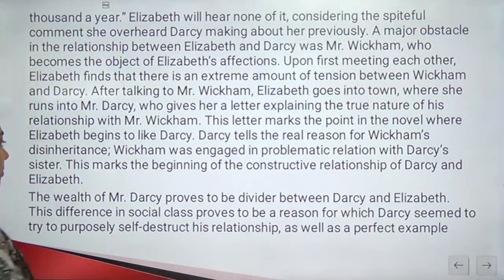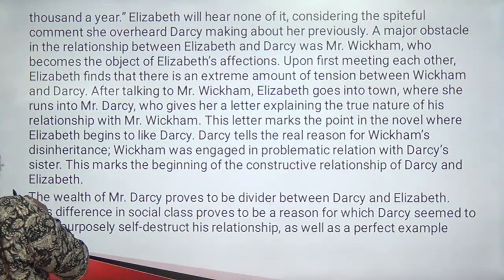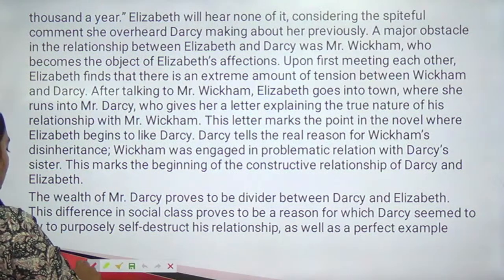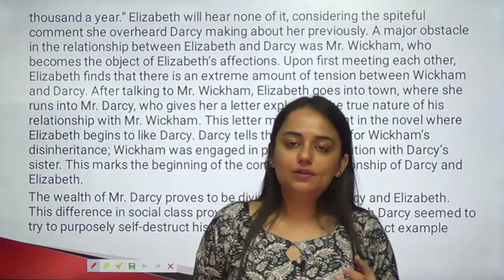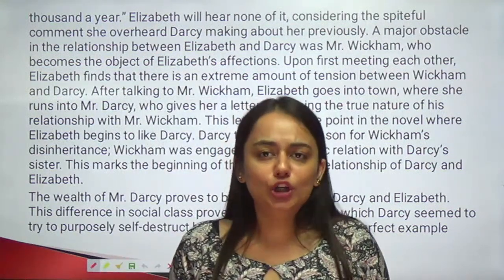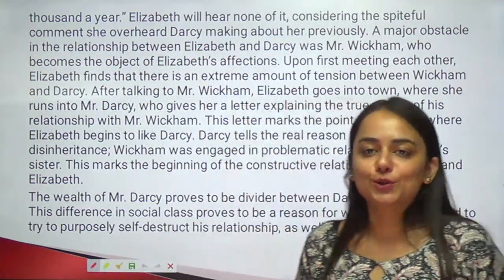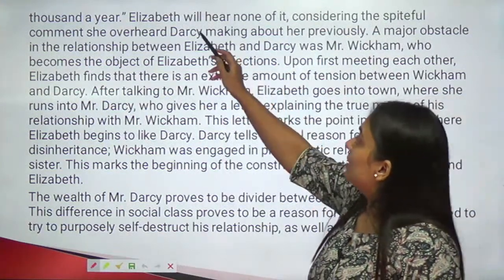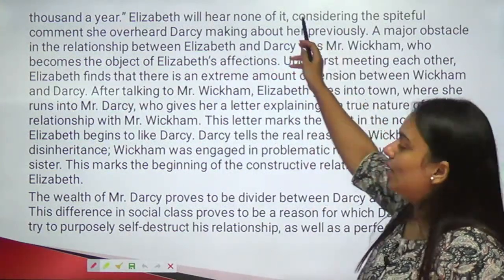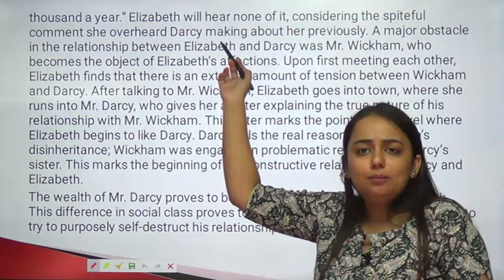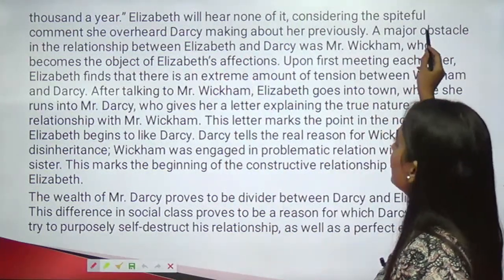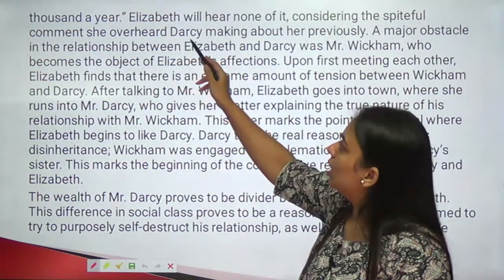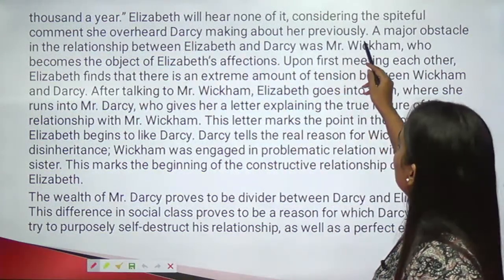Look at this now. Elizabeth's mother already was considering Darcy to be a suitor for her. Why? Because he was tall, he was handsome, his mannerism was good, and he was rich also, affluent. Elizabeth will hear none of it. Because she has formed a negative impression of Darcy, she doesn't want to marry him, considering this spiteful comment she overheard Darcy making about her previously.